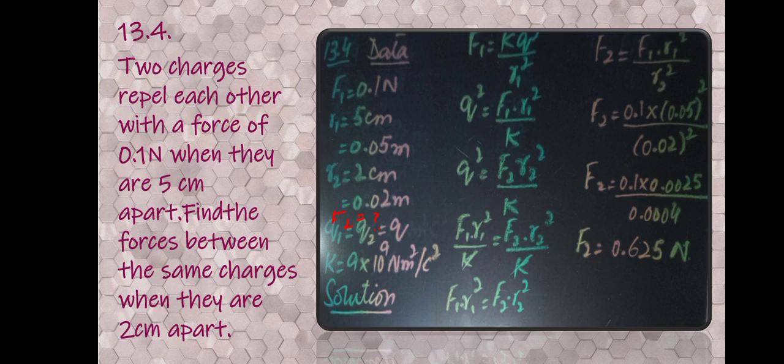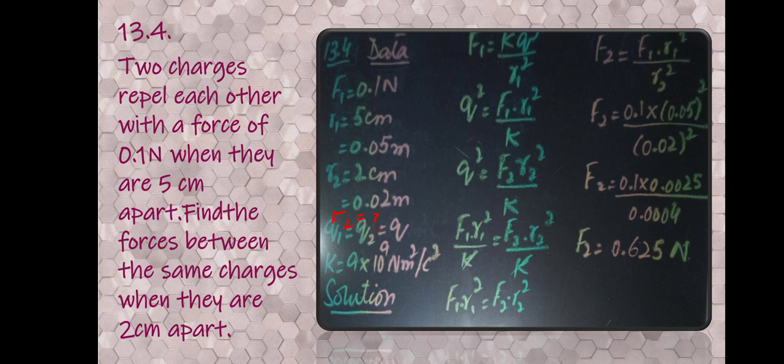Again, two similar charges are there because they are repelling each other, so they must be the same. Q1 and Q2 will be replaced with Q only. K is 9 into 10 to the power 9 Newton meter square per coulomb square. Writing the formula for F1, that will be F1 equals K Q square divided by R1 square.